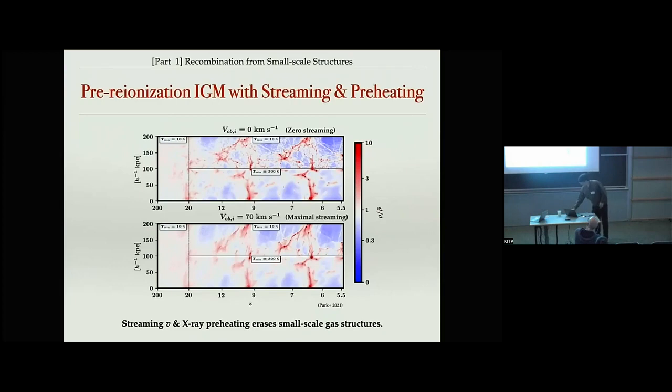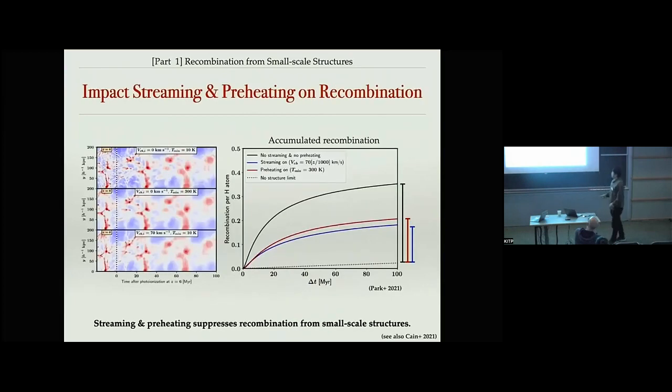After that, I do the same thing, just expose this volume to ionizing radiation and then calculate the accumulated recombination. And you can see this is almost a factor of 2 effect. So this extra recombination from the cosmic web is now suppressed by a factor of 2 when I increase either the stream velocity level or the X-ray preheating level.